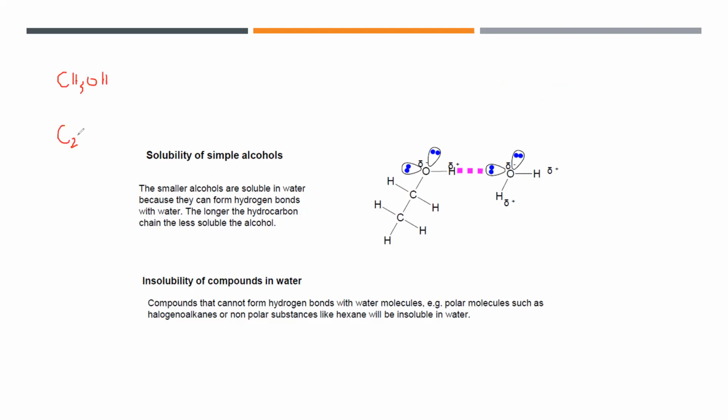So for example, if I have methanol, ethanol, propanol, butanol, and pentanol, when we add equal amounts of these alcohols to water, which one will dissolve readily, or which one will have a greater solubility, methanol or pentanol?